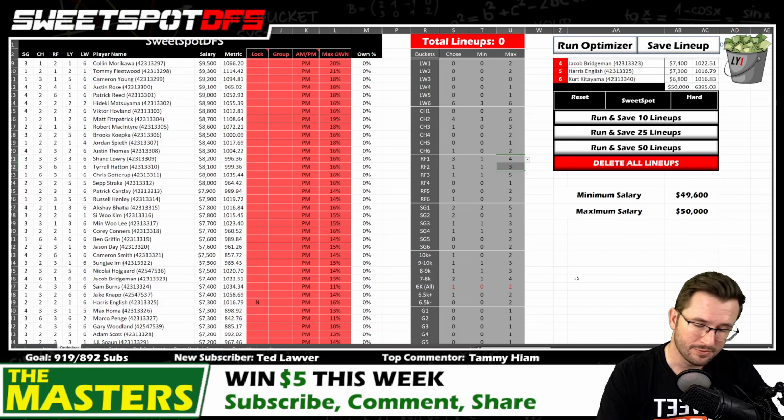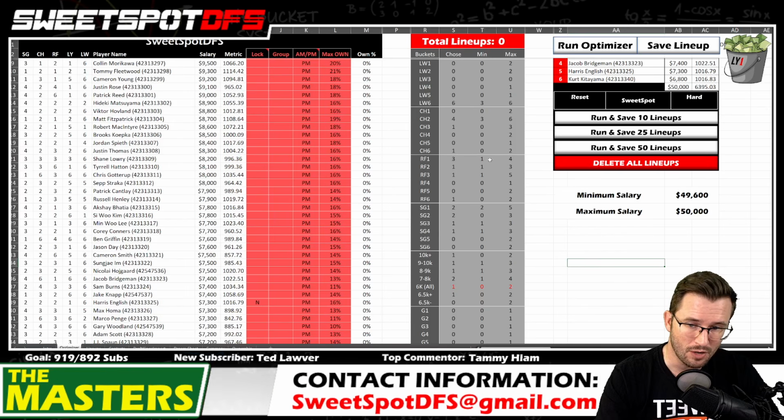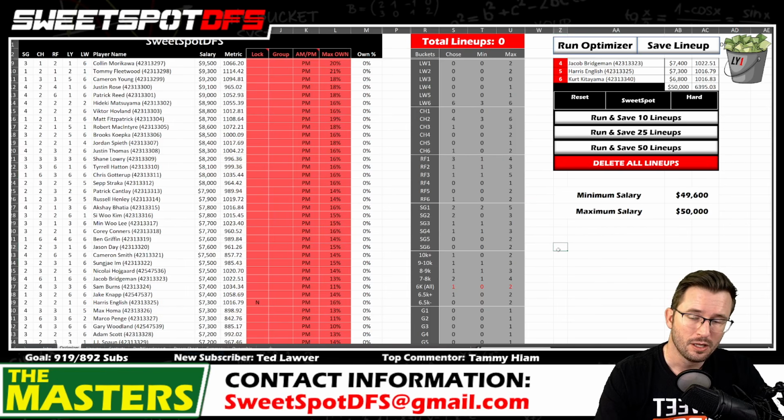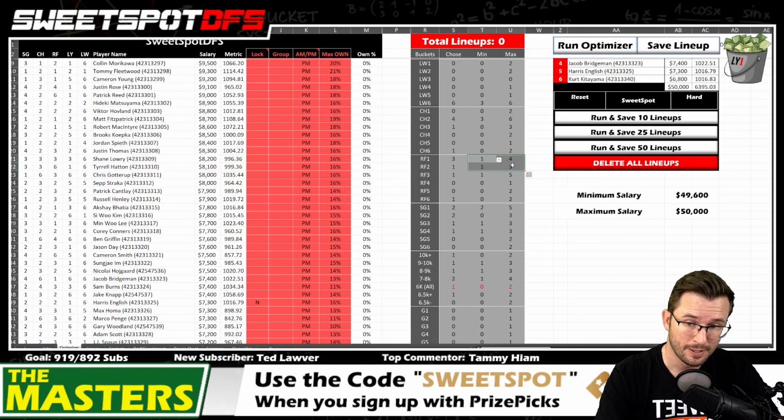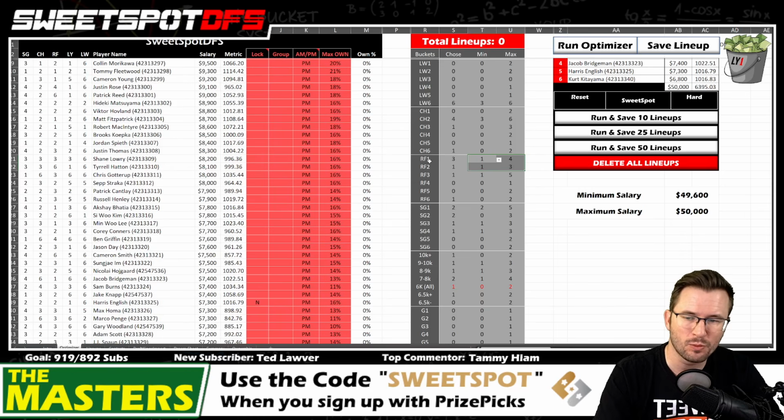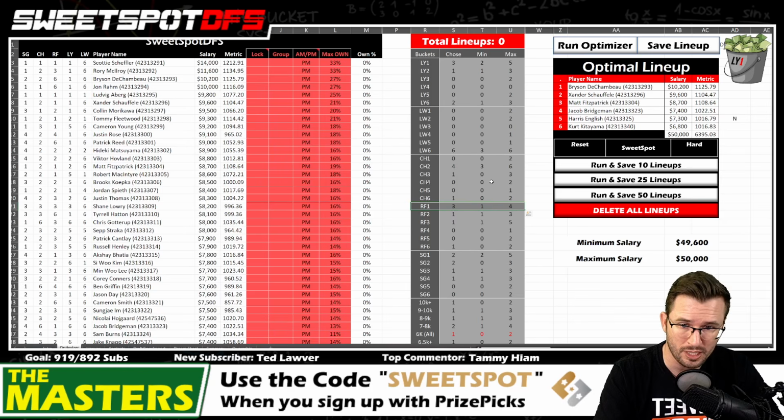You could have 3 golfers from this bucket finish inside the top 10, and you could probably build a lineup with those 6 golfers. It might work out, it might not, because the recent form 1 bucket has a lot of expensive golfers. So I think at most you could only do 2, although this one shows 3.